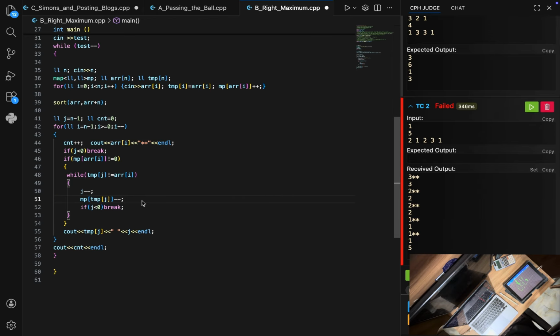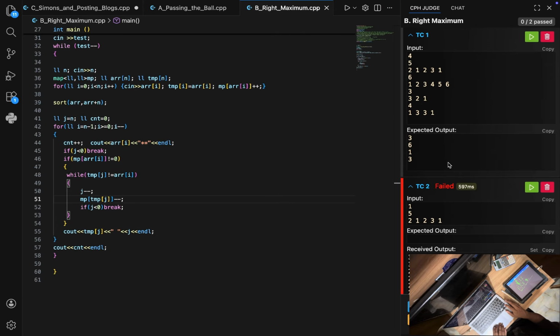I should remove the value. I have to remove this value, then go in front and also remove that. Okay, got the point. J minus minus, then j minus minus and removing that. Yeah, it should work.